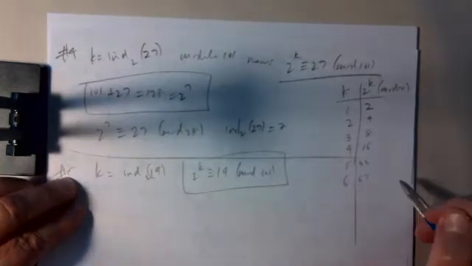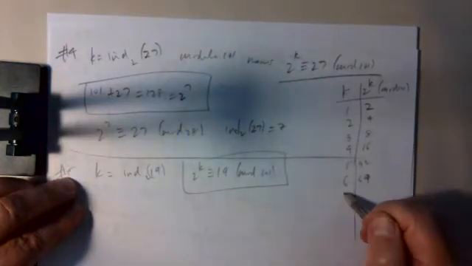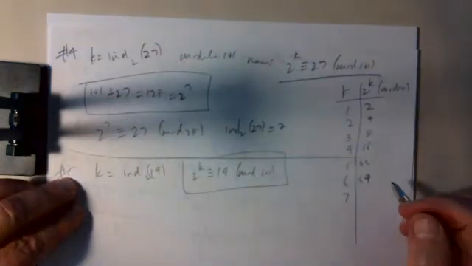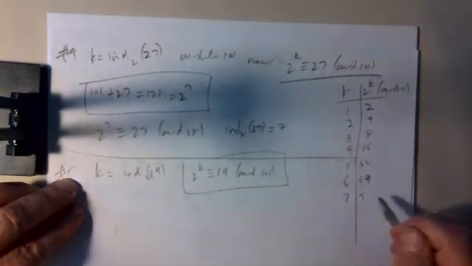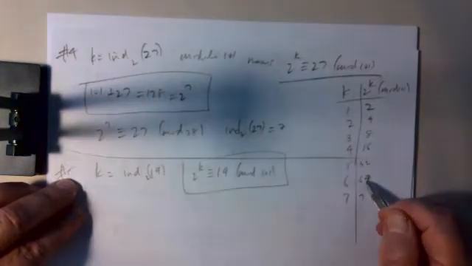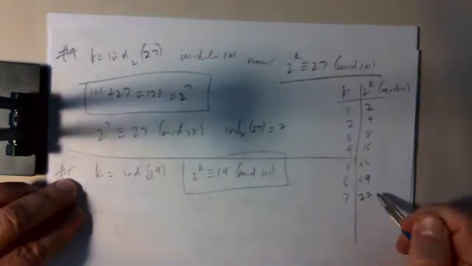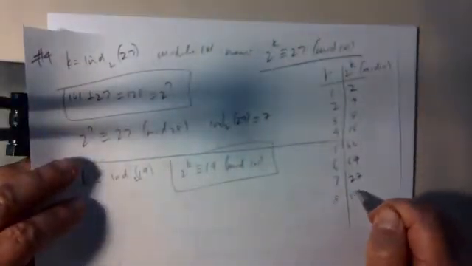For 6, it's 64. For 7, you just calculated, it's 27. 2 to the 8th, we got 54. 2 to the 9th was 7.